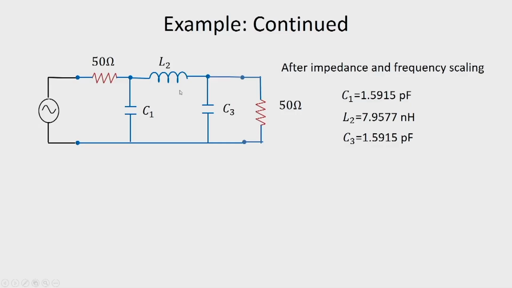Now, how do we realize these capacitor and inductor values? That comes under implementation. So, we have seen how we can design maximally flat low pass filters. In the next lecture, we will discuss how we can design equiripple filters and the procedures involved in designing the prototype equiripple filters.